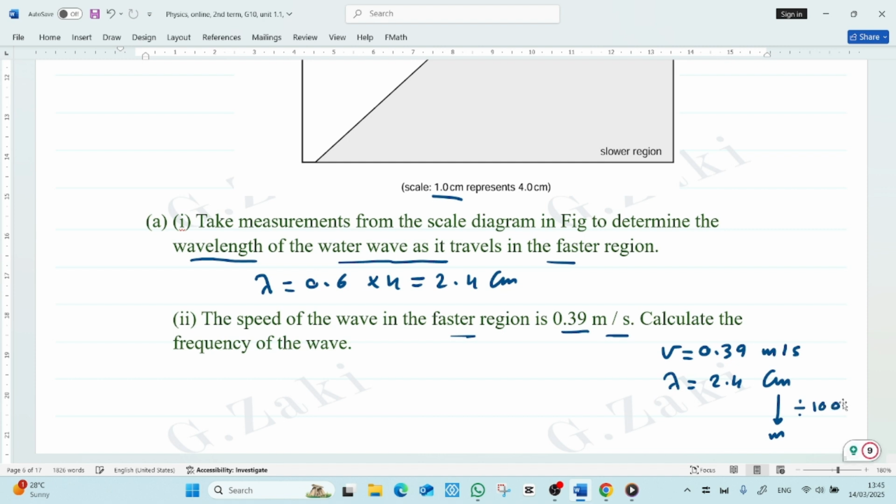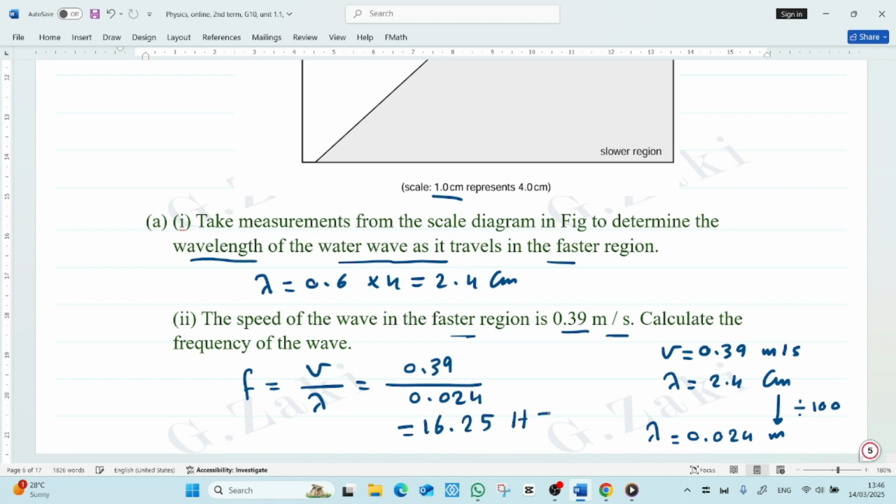Then 2.4 divided by 100, so the answer is 0.024 meter. Now we can calculate the frequency. The frequency equals V over lambda. V is the speed, which is 0.39, over lambda, 0.024. The answer is 16.25, and the unit is hertz.